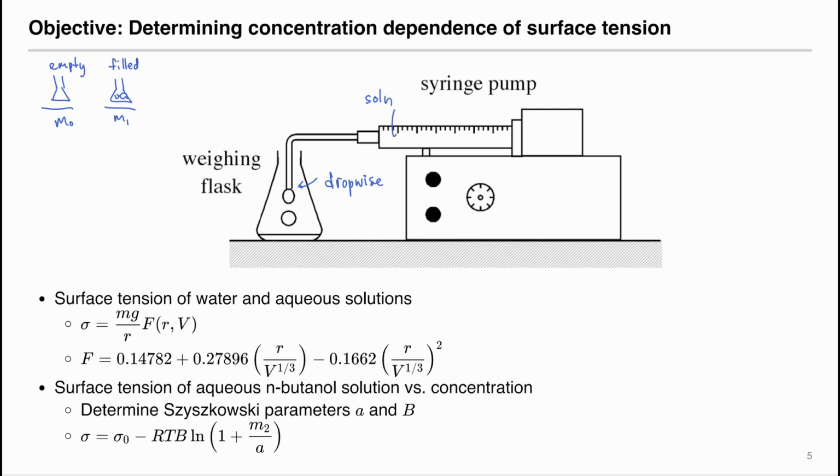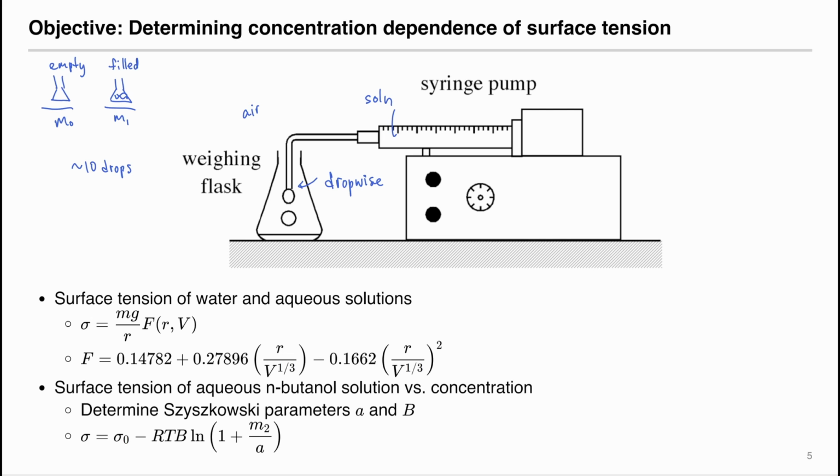However, because each drop has such a small mass, we want to fill around 10 drops, measure the mass difference, and divide it by 10 to get the individual drop mass. Again, to determine the surface tension of water and aqueous solutions under ambient conditions, with air as the other phase, we can neglect the buoyancy force of air.